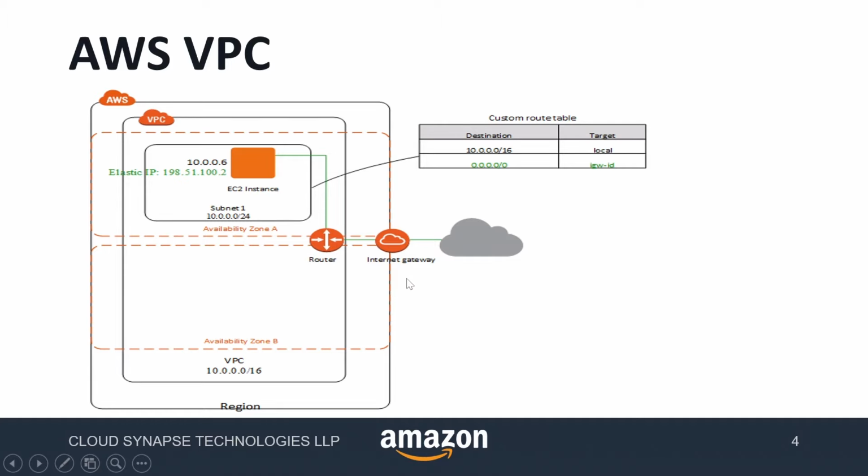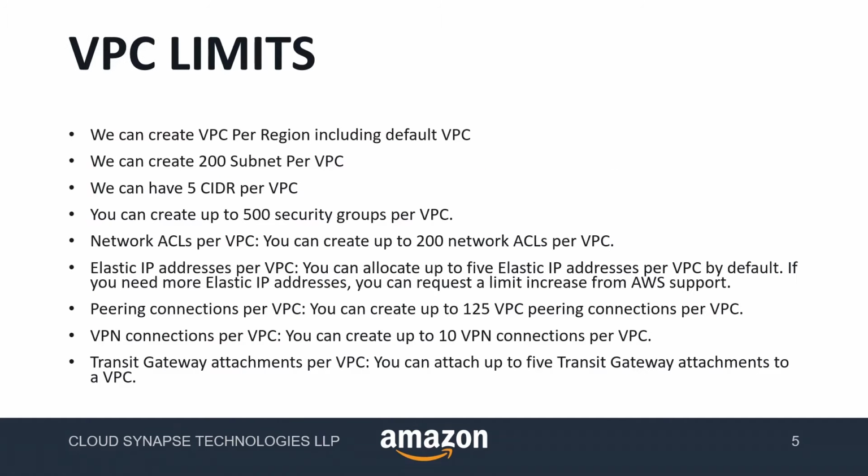Let me quickly tell some limits of the VPC. We can have 5 VPCs per region, 200 subnets per VPC, 5 CIDRs per VPC, and 500 security groups per VPC. There are also network ACLs, around 200 per VPC, and we can have 5 elastic IPs by default, but obviously we can increase them.